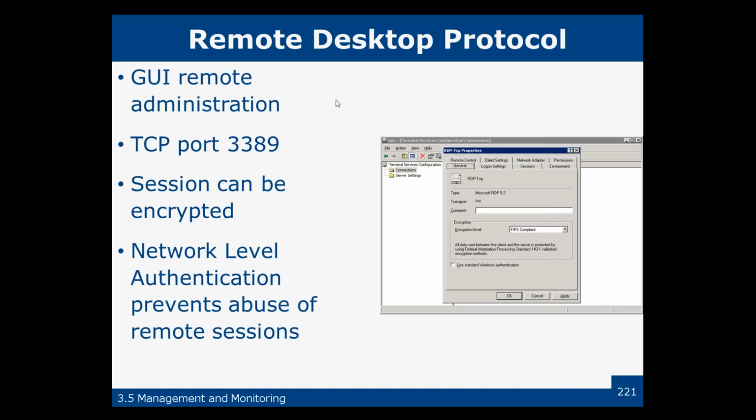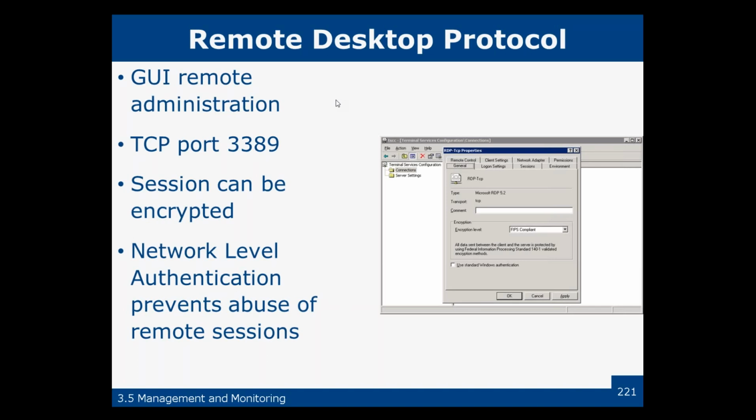It's really handy, and generally speaking, that's the way you're going to do most of your management, because what we had was, I don't know, 5 or 6 servers, and we didn't have keyboards on all of them. The management generally was done via remote desktop, where you would log into the server and do all the management there.